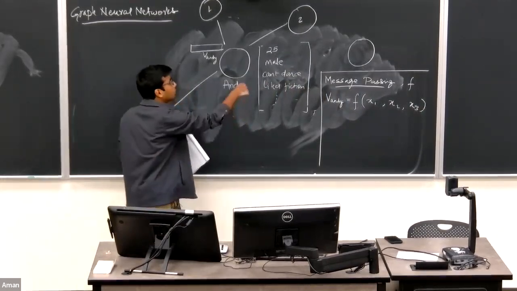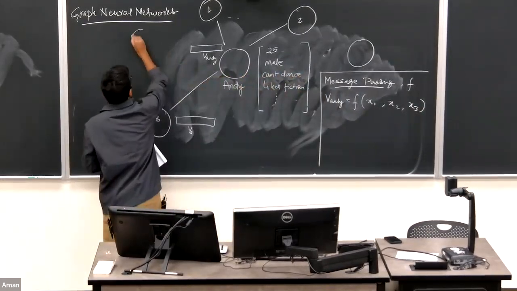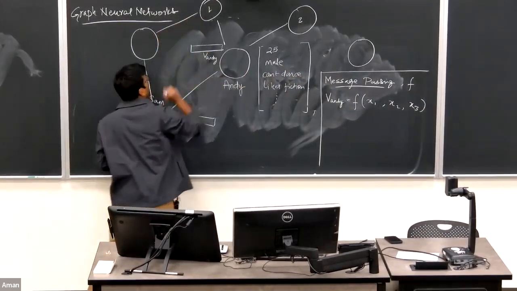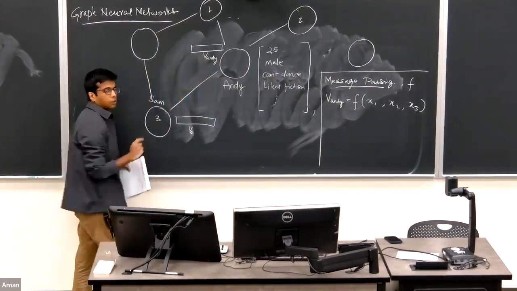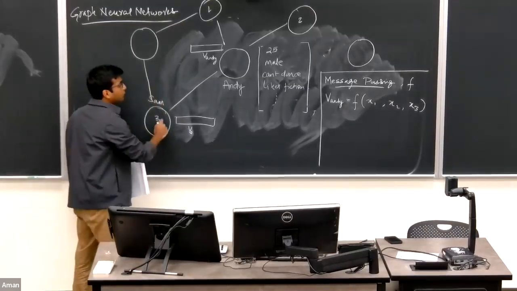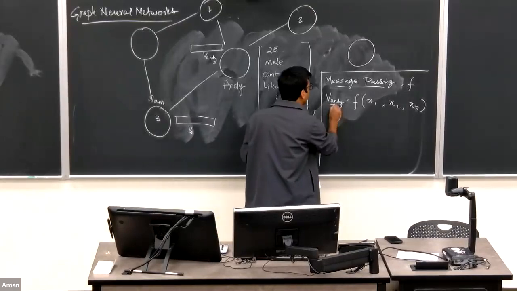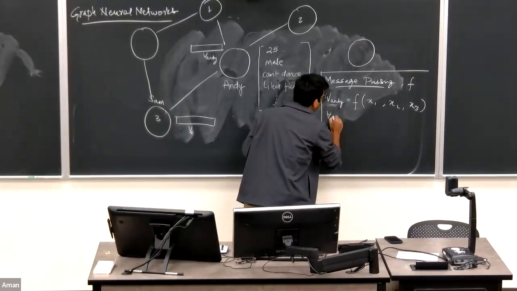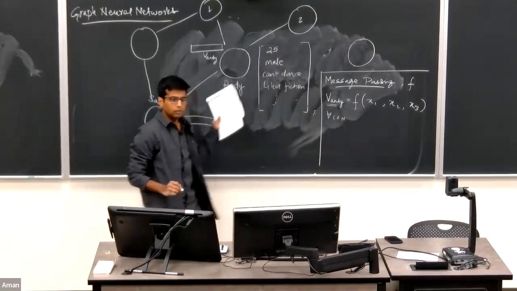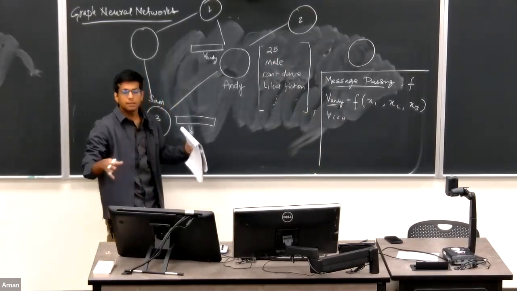There must be other nodes as well, which maybe are connected to, let's say, Sam, or this one may also be connected to 1, but it's not directly connected to Andy. So you're only taking into account the neighbors that you have, and you do this message passing not only for Andy, but for every node in your graph. So you're updating all of the nodes at the same time.